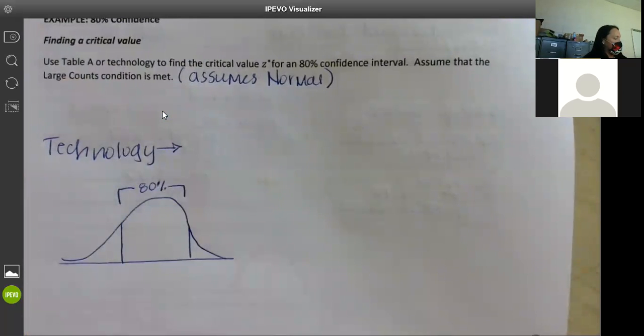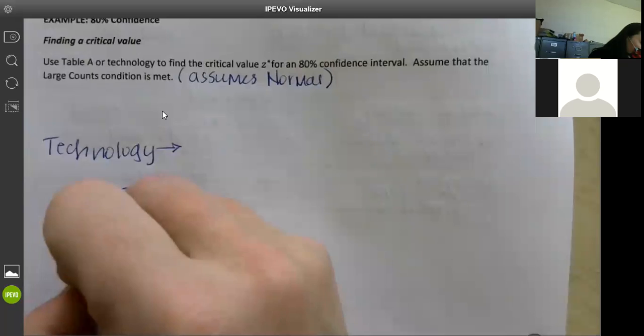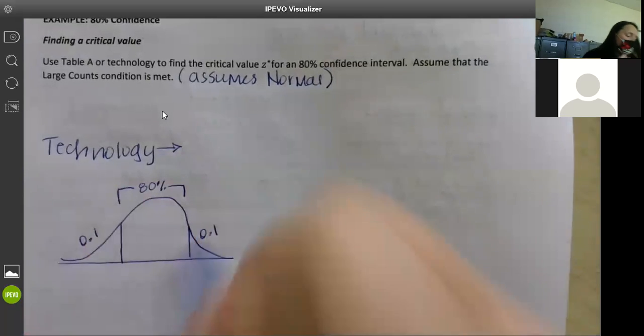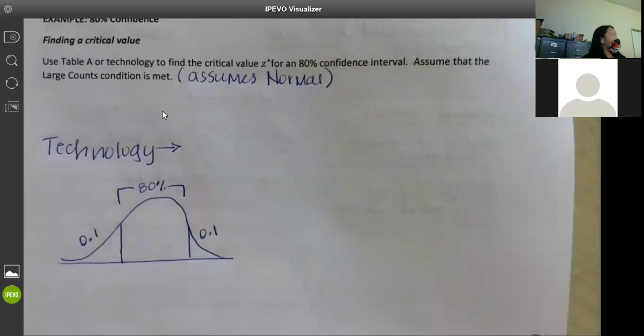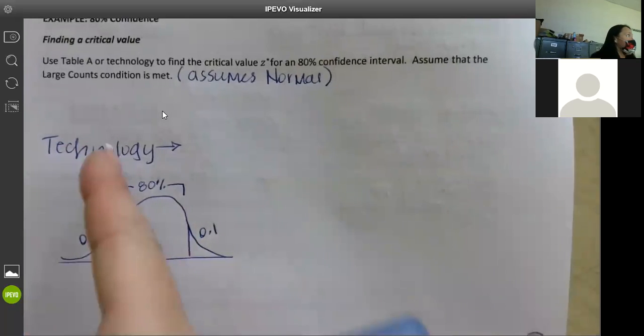How much is left? 20%. But I have split it on either side. So how much is left on either side? Is everybody okay with that part? Sure? Okay. You have to know this. If you don't do this, you can't use technology.